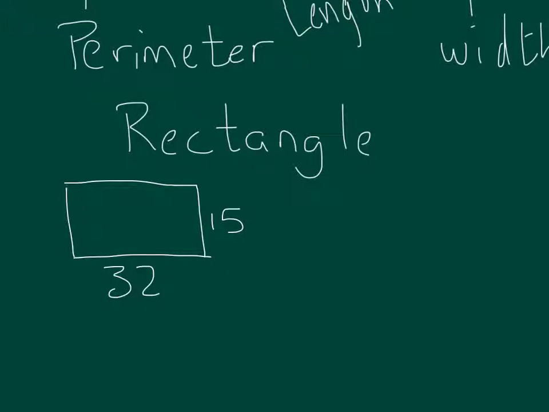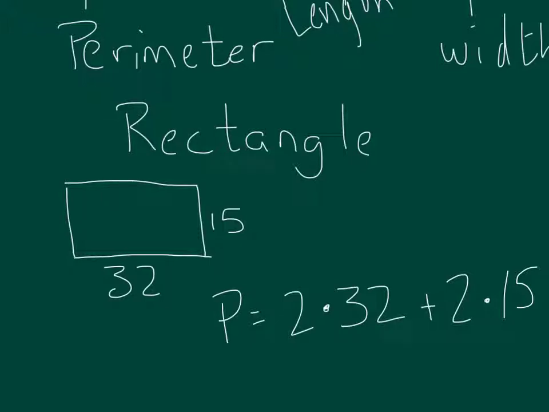What is the length here? So that is correct. 32 is the length. So let's plug it into our formula. P equals 2 times 32 plus 2 times, what is it being multiplied by? 2 times 15, because that is our width.